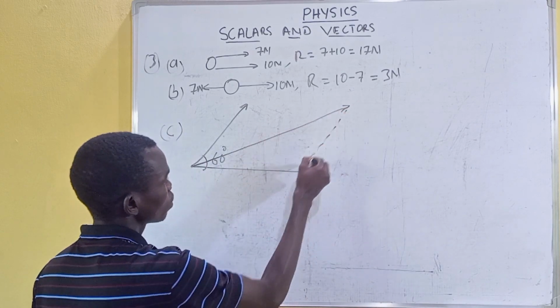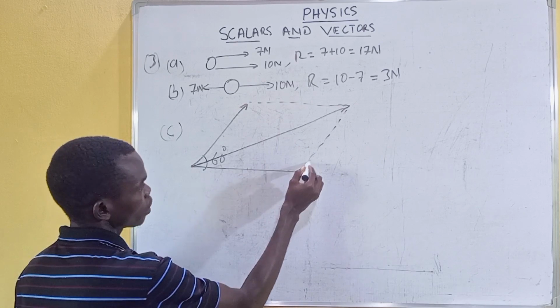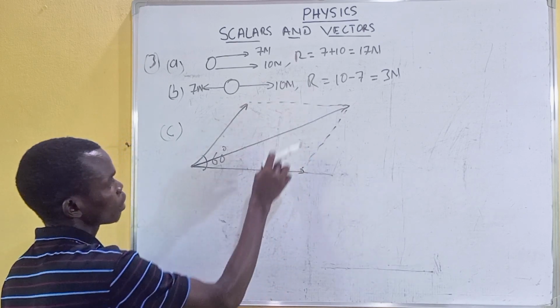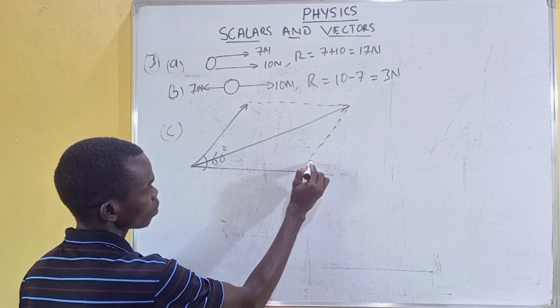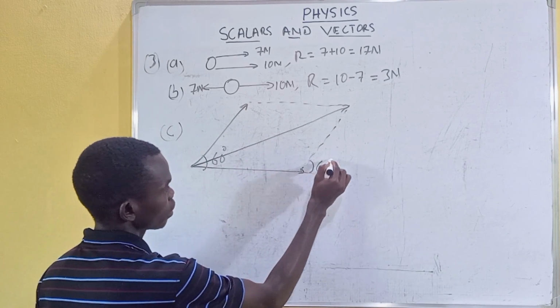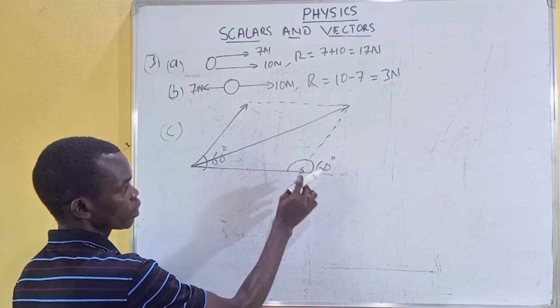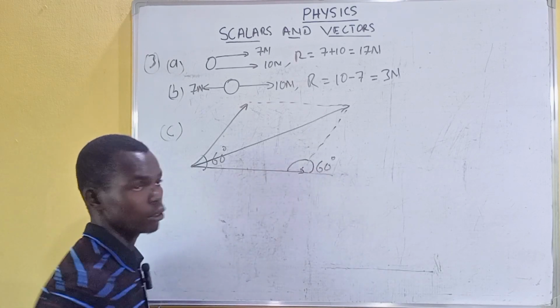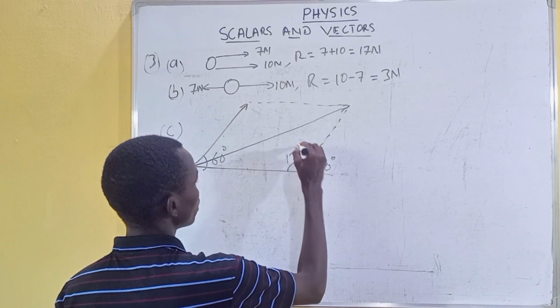So when you draw this, we have this. And we also said that these two lines are parallel, so this angle is equal to this angle. That is corresponding angle. From here, we can get this angle, which is 180 minus 60. So here will now be 120 degrees.